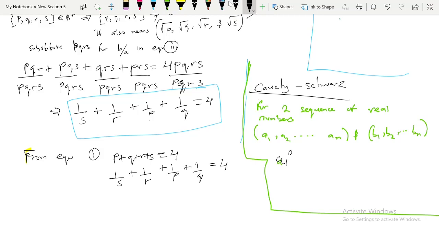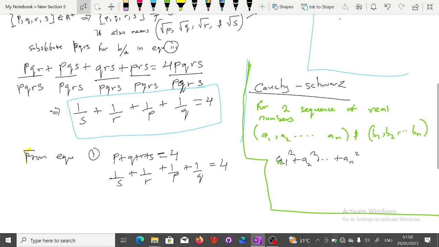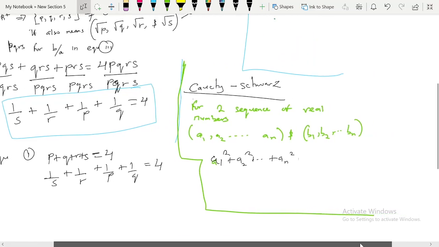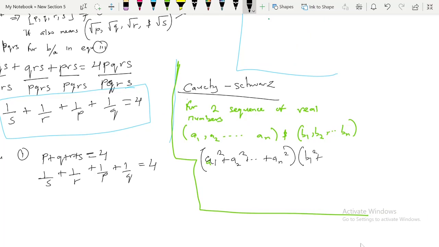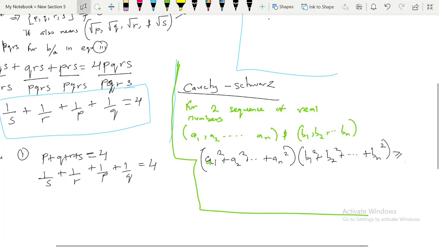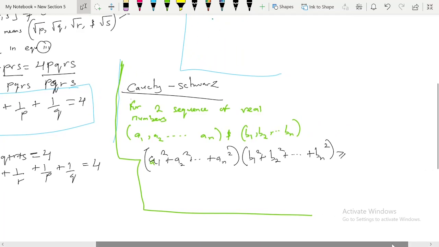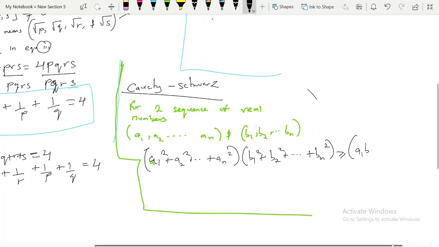We have that a1 squared plus a2 squared plus dot dot dot plus an squared, times b1 squared plus b2 squared plus dot dot dot plus bn squared, is greater than or equal to a1 b1 plus a2 b2 plus dot dot dot plus an bn, all squared.